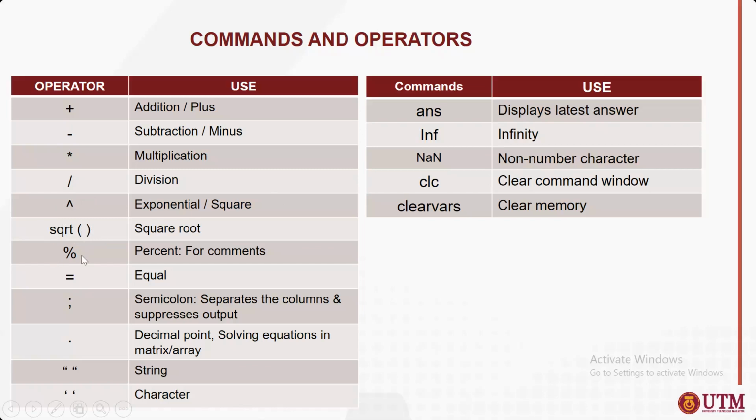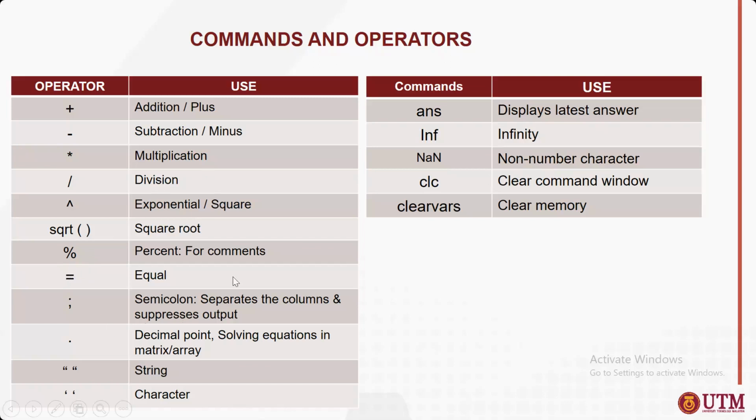And as for percent, this percentage symbol, you can use it as a comment. Let's say you are presenting your coding to your lecturers or in your presentation, and you want to briefly explain what it is. Instead of using a verbal explanation, you can just write it at the side of your code with the percentage symbol, what that row of code signifies. And the next one would be equal. It gives out the results.